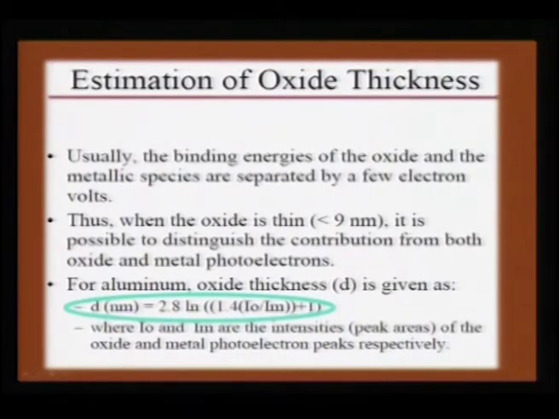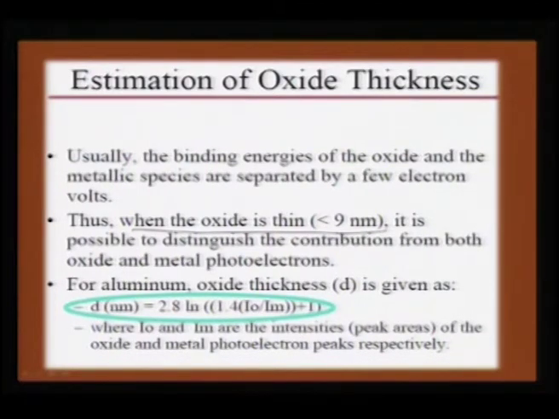We have already seen what is the depth that we can scan, which is ranging up to 10 nanometer. Based on that, when the oxide is actually 9 nanometers, it is possible to distinguish the contribution from both the oxide and metal photoelectrons, and the expression that is given here is D, which is the depth or the thickness of the oxide layer, which is given by 2.8 ln 1.4, and this is the ratio of your oxide versus the metal photoelectron peaks.